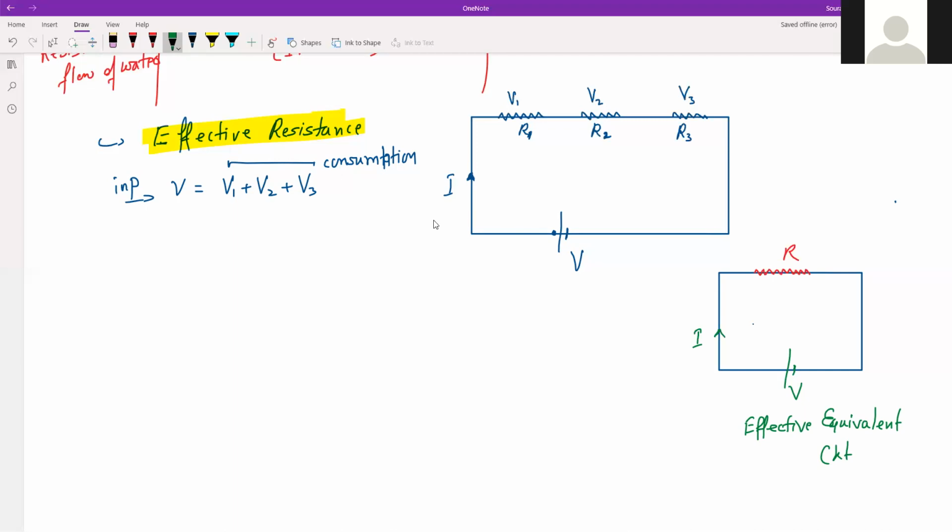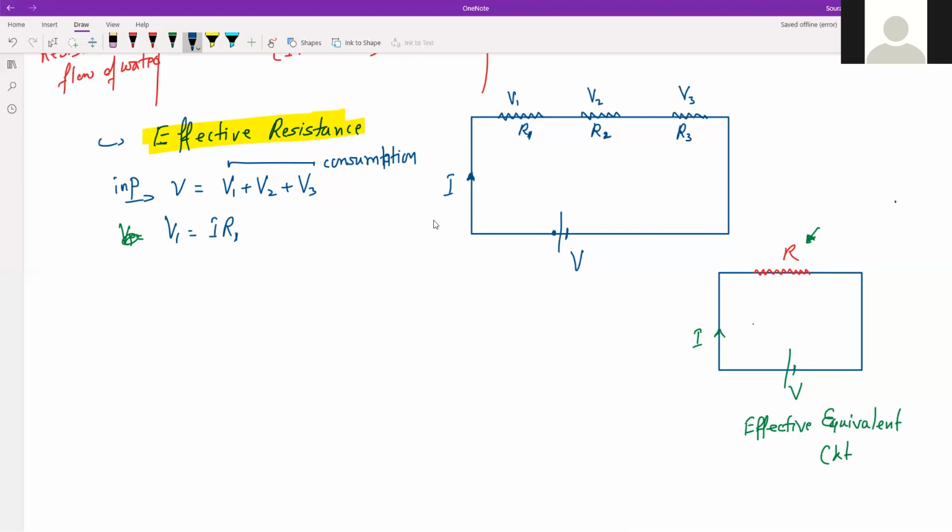So what should be the value for this R? That's what we actually find here, the equivalent resistance or effective resistance of these three resistors. If they are connected in series, then what will happen? So we'll see here. V1, that is drop 1, is equal to I into R1. Now that's where the definition of series comes into the picture.